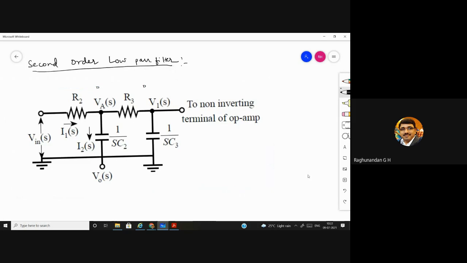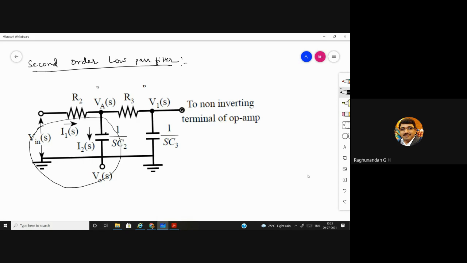So you can observe, this is the non-inverting input which we are going to give to the circuit. So we have to apply the mathematical analysis to the filtering part, and we need to apply our KCL at the node VA, and we need to derive the equation. This derivation is quite big, but if you understand, it is easy. And it also looks complex, because if you forget at any point, the next entire equation will be wrong.